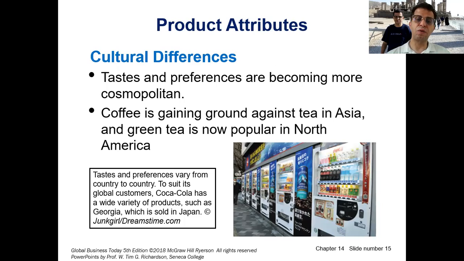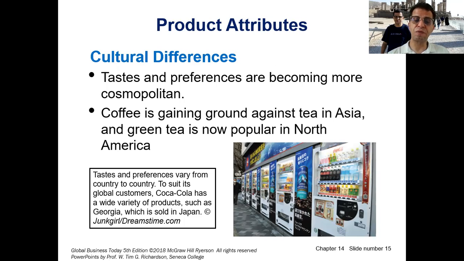Now, product attribute, when we talk about cultural difference, the taste and the preference are becoming more cosmopolitan. So coffee is gaining ground against the tea in Asia. People start drinking more coffee in Asia, and green tea is now popular in North America.